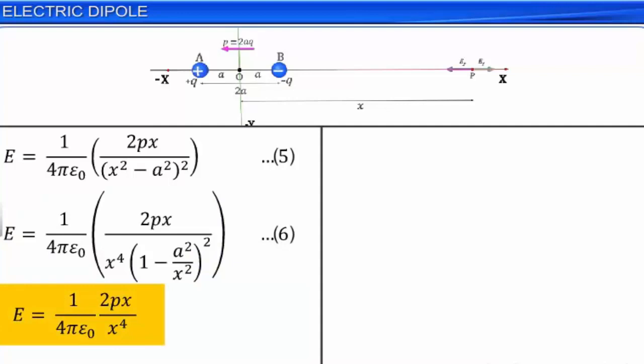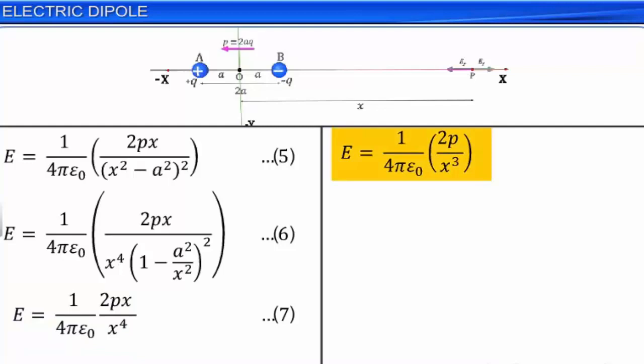Let this be equation 7. This can be further simplified as E is equal to 1 by 4 pi epsilon naught into 2p by x cube. Let this be equation 8.